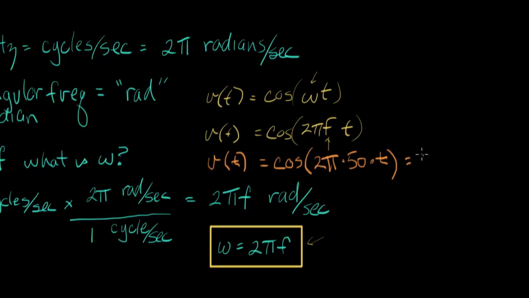And that's the same as cosine of 100 pi t. So this number right here, 100 pi, that's omega, and this number right here is F. So that does it for our review of trigonometry. And we've introduced the idea of a sine wave where t is the argument to the trig function.